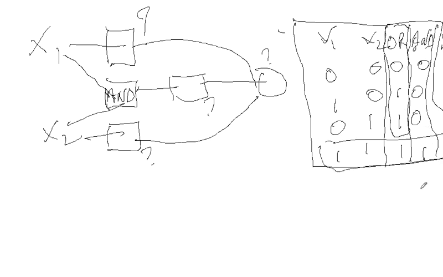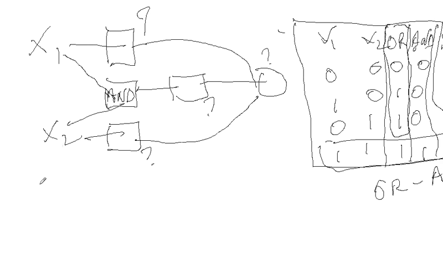So that means XOR is nothing but OR minus AND. This is the clue I'm giving you. You have to put some values, do all the ORs here, and subtract with AND. That's it. Okay.